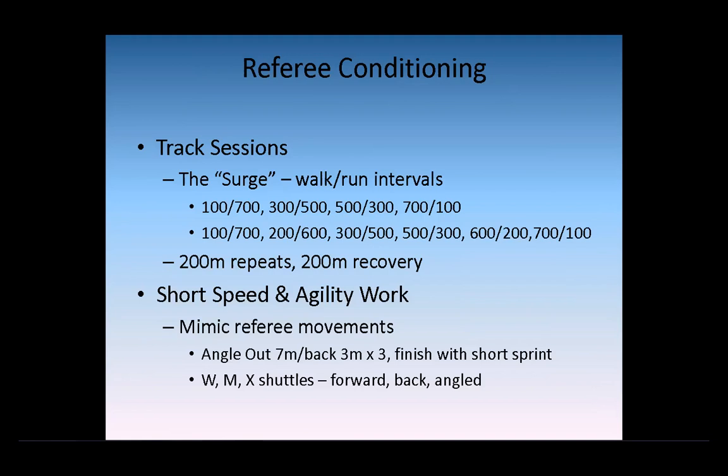We go forward, we come back, and you can mimic those movements in a small shuttle grid and use that as those bursting movements of 5 or 7 meters that also mimic the movements you're making during a game. You can use those in a repeated fashion where you're doing 30 seconds on, 30 seconds off.